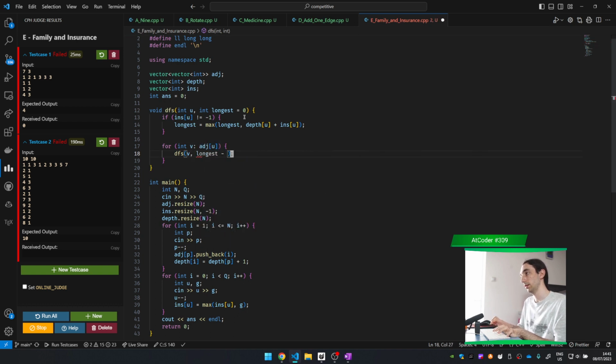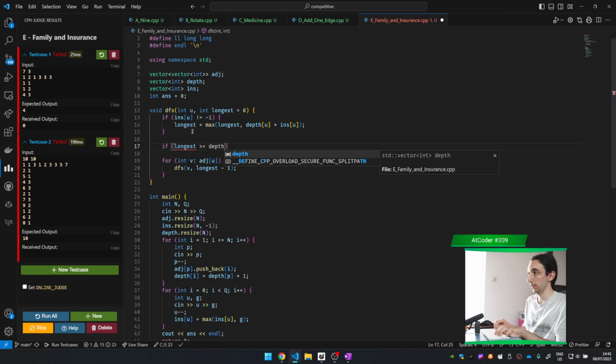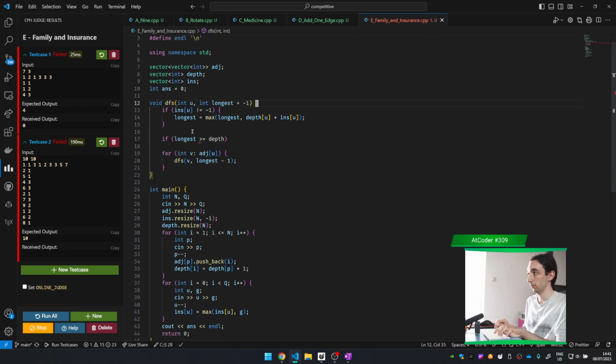And this here will definitely say, okay, so the longest when I approach this is something, and then if longest is bigger or equal than my depth, answer plus plus, something like that, I would say.